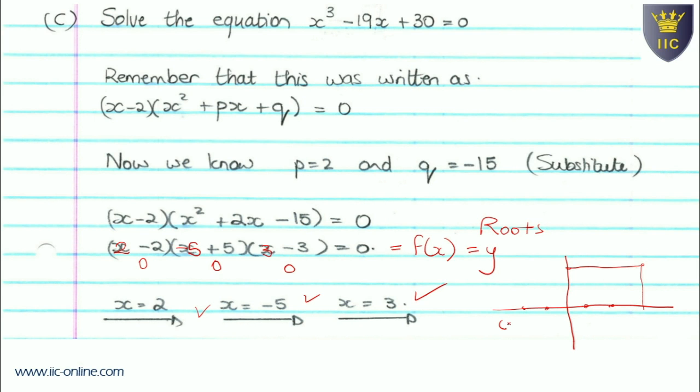Each of these would have a value for x, and in every case y would be 0. So basically what you've worked out when you found a root is everywhere that your function is cutting the x-axis. And that's what a root is. You're finding out where the function is cutting through the x-axis.